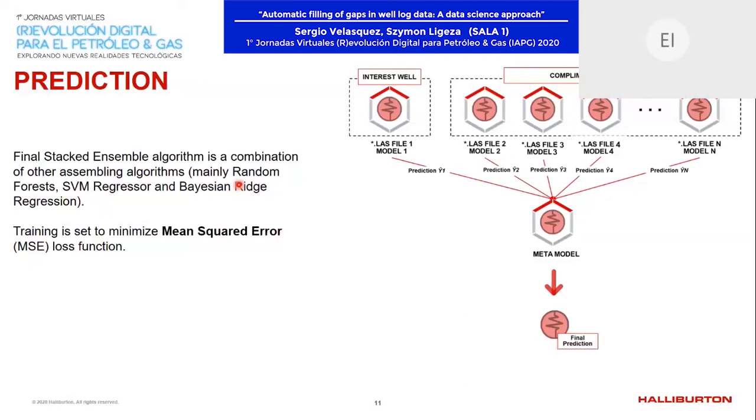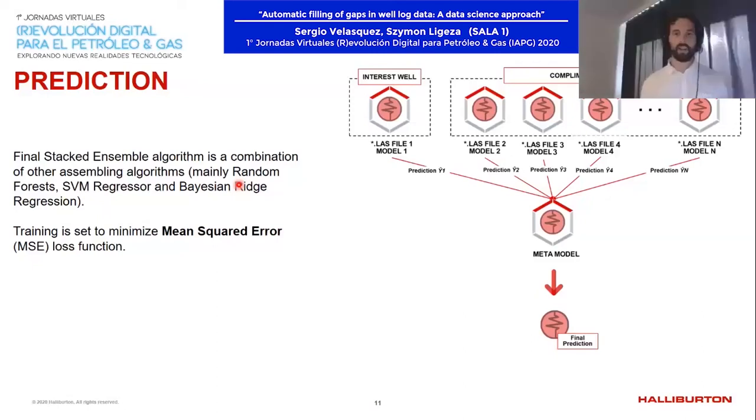The problem starts when all those files contain different types of data, which can have completely different characteristics. They can be collected using other equipment, so the characteristics will be different.